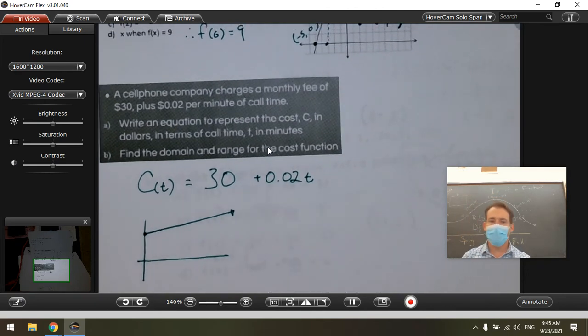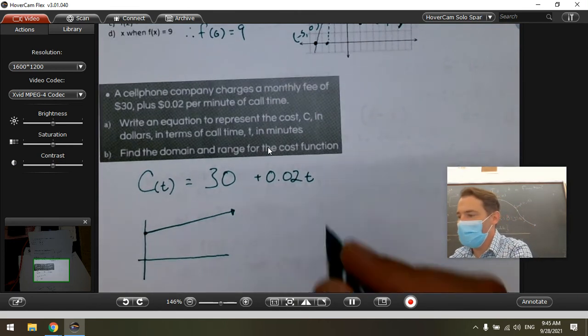So what are the domain and range of this function? Domain, what is domain? Let's just review those definitions. What are we talking about when we're talking about domain? X values. All the possible x values for a function. And then what's range? The possible y values. All the possible y values of the function are the range.